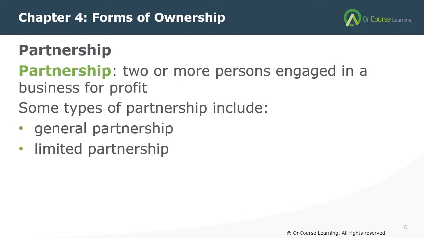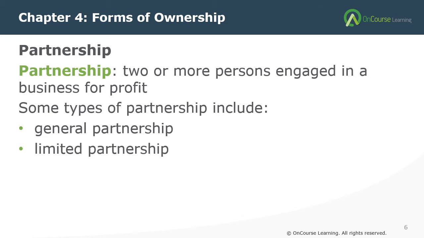While they might provide the bulk of the capital in this business and they share in profits and losses, their liability is limited to what they've invested in the partnership. Unfortunately, they are limited in their role in management.